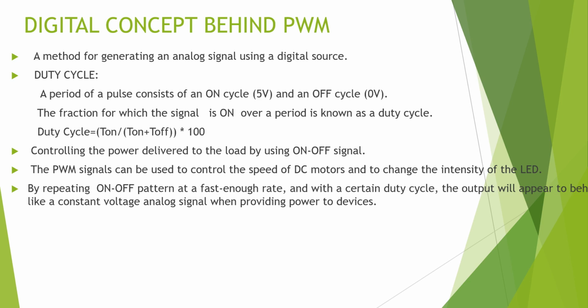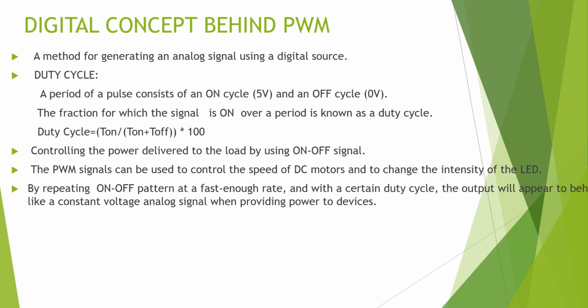But if I change this ratio, the time of the on state and the time of the off state, then we may get the varying voltage. But remember, this final voltage produced is not constant, it is just the average. No problem. Ultimately I am going to get a somewhat varying voltage. So this is my agenda, and we can achieve it using the PWM concept.